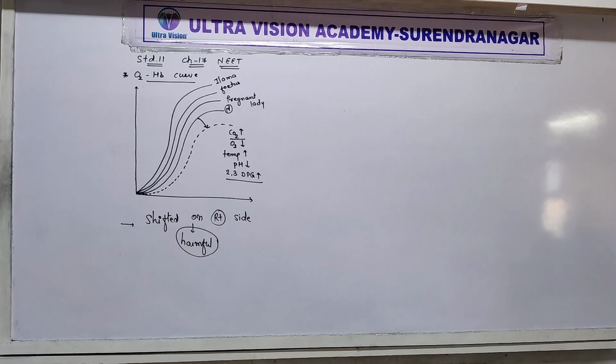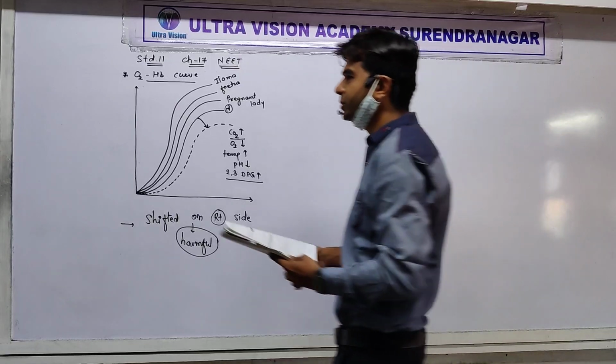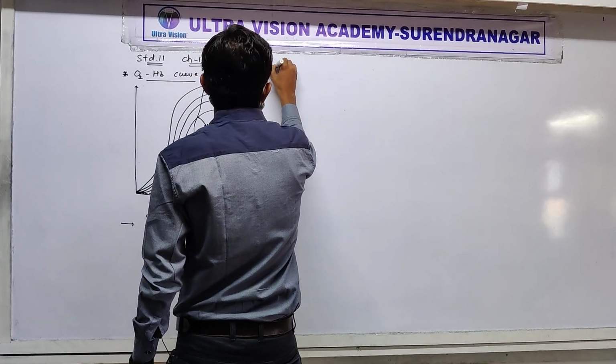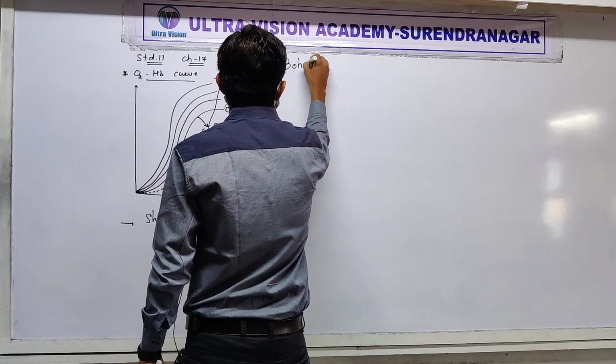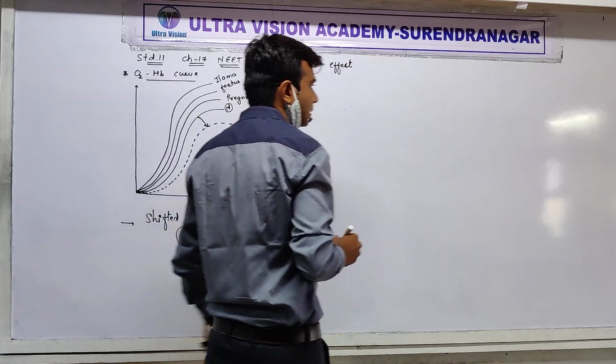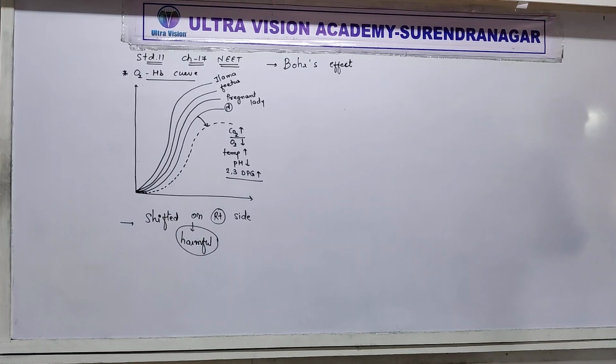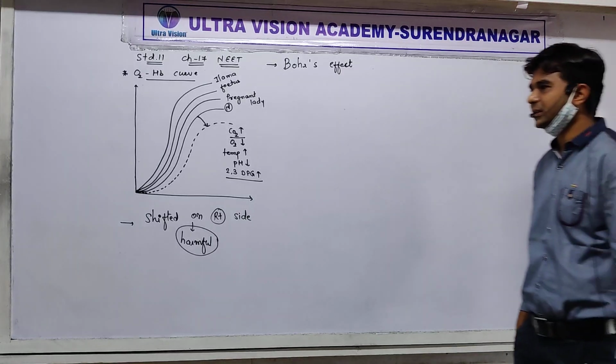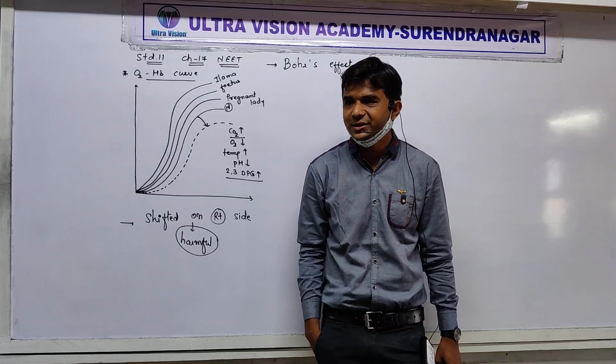Okay, right, one point. If more CO2 concentration in blood leads to dissociation of oxyhemoglobin, leads to less affinity of hemoglobin to bind with oxygen.